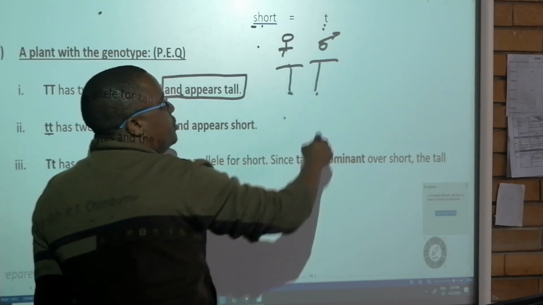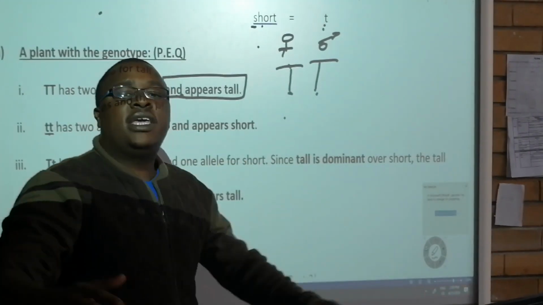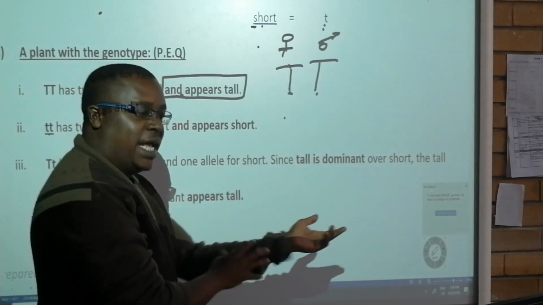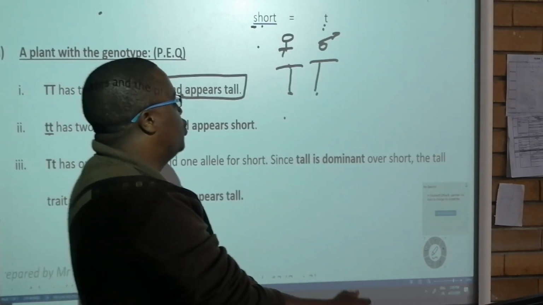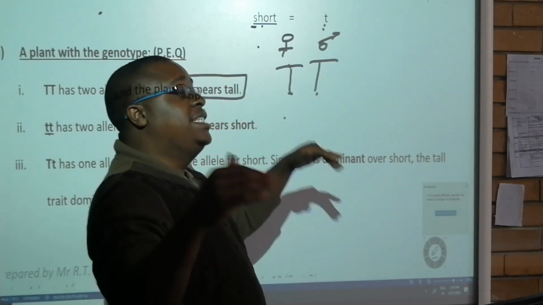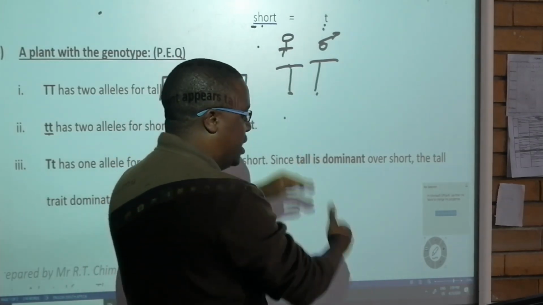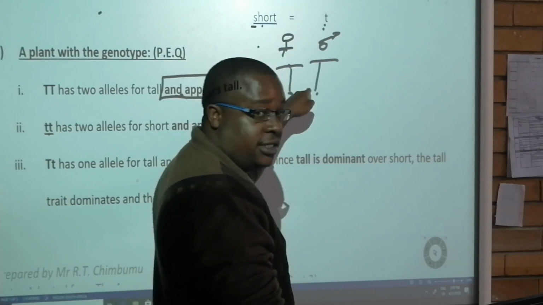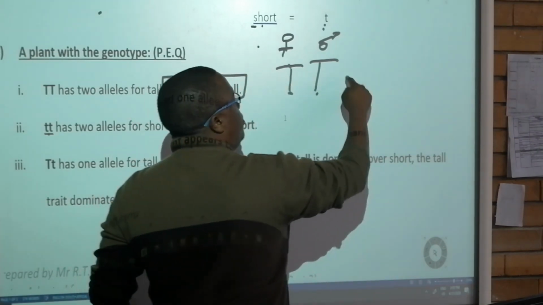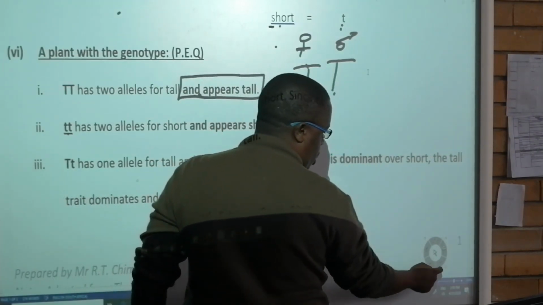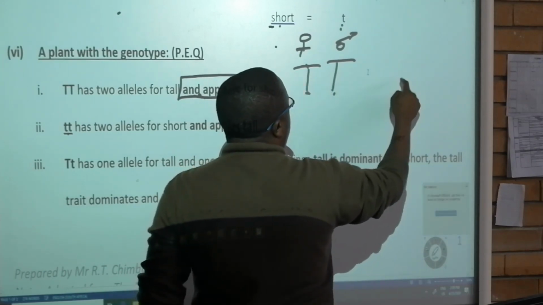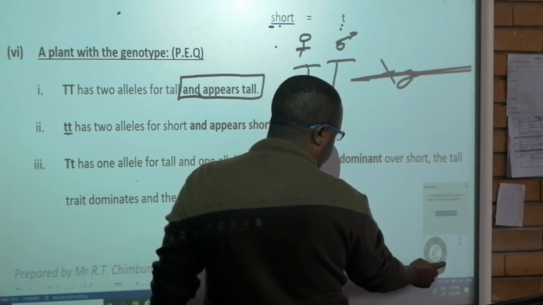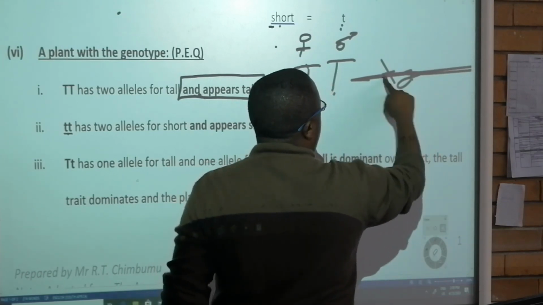The two alleles are making a gene pair for the gene for height in pea plants. Right. So, in other words, the genotype is this, and the plant with a genotype like that would then be appearing as tall.